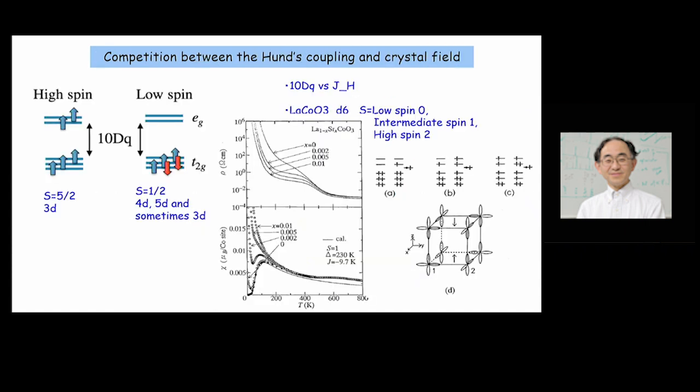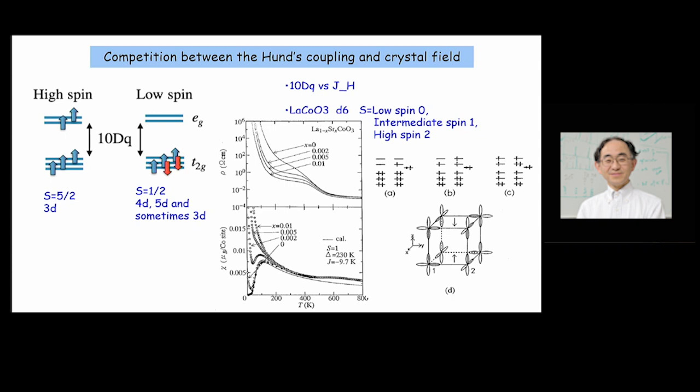Okay, so now we have introduced two concepts: one is 10Dq, and the other is Hund's rule. There is a competition between these two couplings, right? Once Hund's rule is dominating, meaning the Coulombic interaction is large, then you should maximize your spin. Suppose you have 5 electrons in the d orbitals split into the eg and t2g orbitals. Then you occupy the 5 orbitals singly, right?